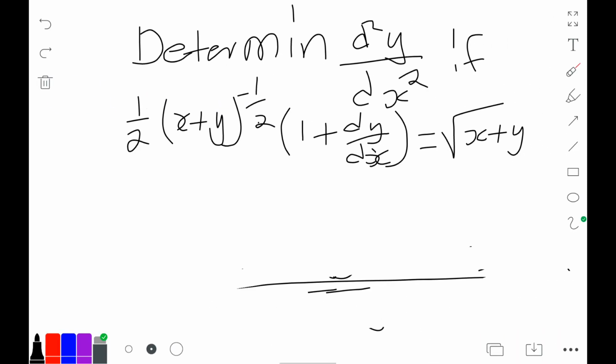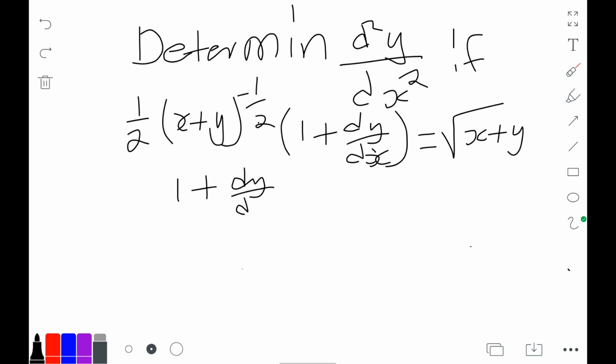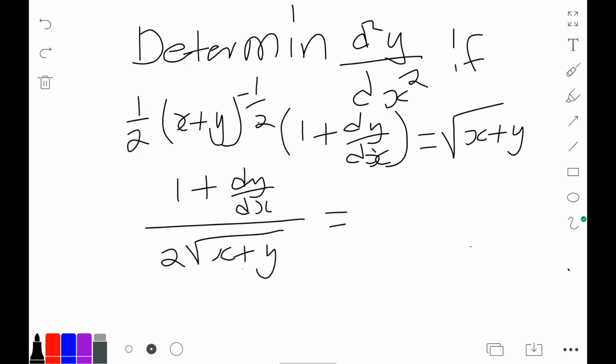So this part that we have now, we can write as 1 plus dy over dx over 2 in brackets, square root. This 1 over 2 is going to be 2 square root of x plus y, which equals square root of x plus y.